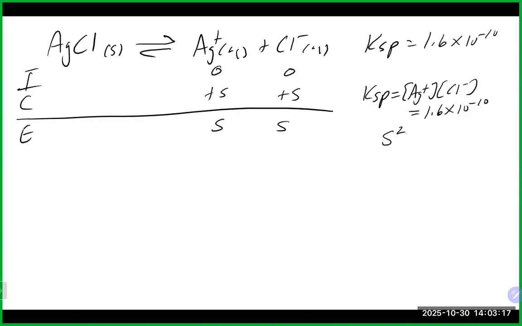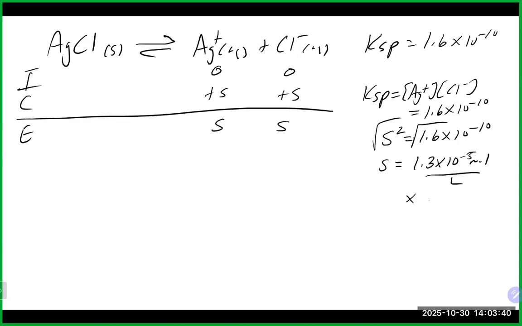Popping that in there gets you S squared is equal to 1.6 times 10 to the minus 10. Square rooting both sides like we did on that earlier example gives us a molar solubility of silver chloride in water of like 1.3 times 10 to the minus 5 moles per liter.